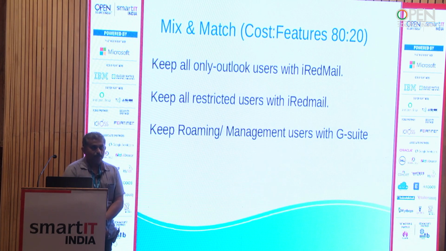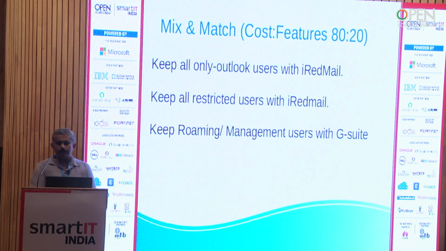The second advantage we are going to cover is mix and match. In a typical organization, you will have roaming users, you will have management, then you have end users who will be using only Outlook. To reduce the cost, we will use the 80-20 rule. For example, consider an organization with 100 mailboxes.